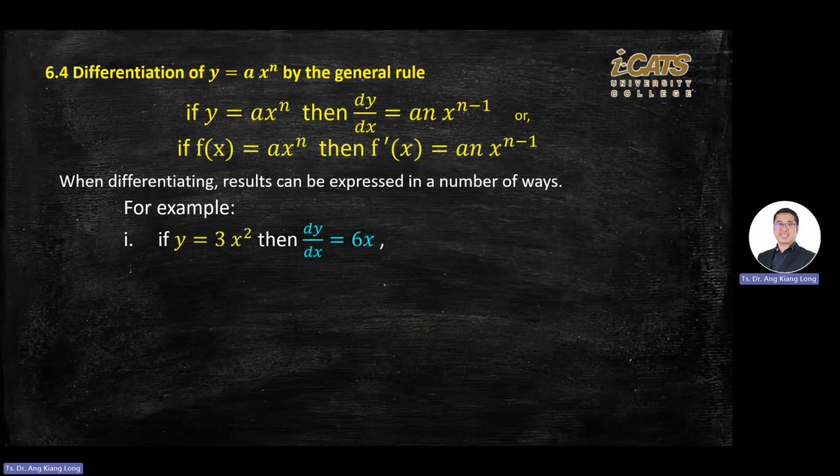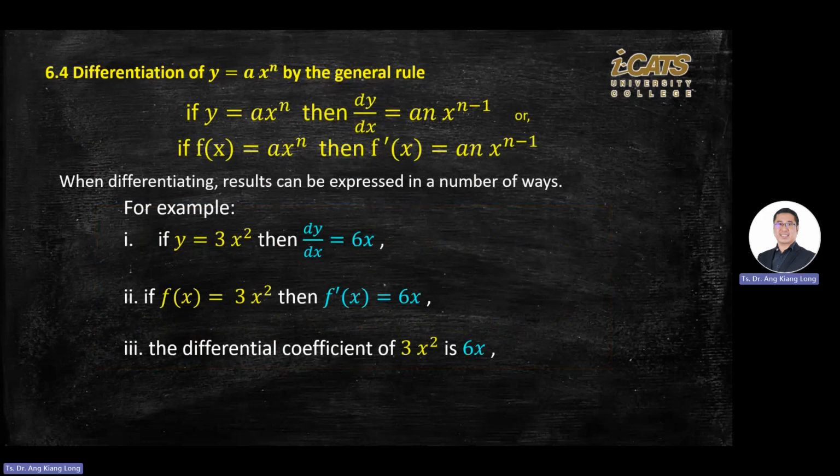Now you know that y equal to 3x power 2, dy dx is 6x, right? So if you write dy dx equal to 6x, you can write f prime of x equal to 6x, meaning this is the gradient of that curve.